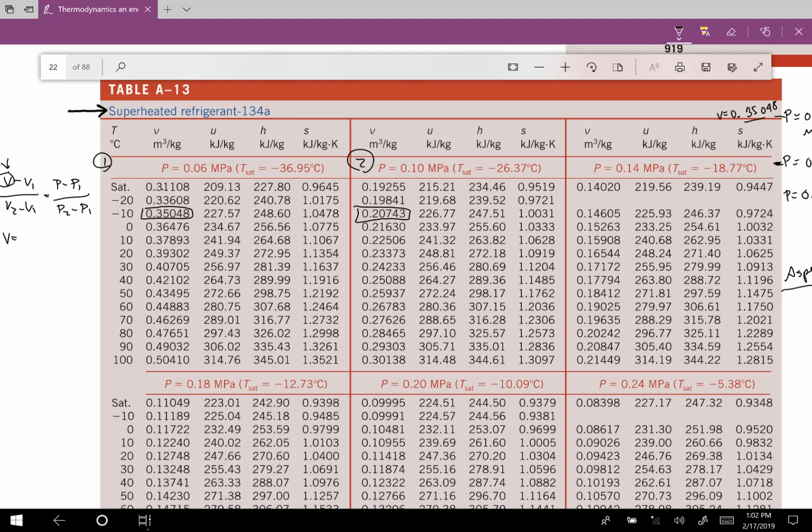So the specific volume is equal to V1 plus V2 minus V1, and this is all multiplied by P minus P1 over P2 minus P1.